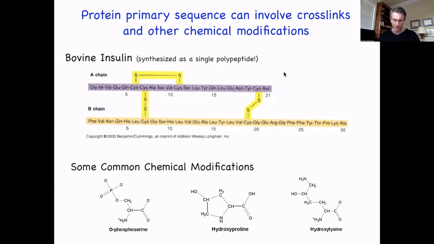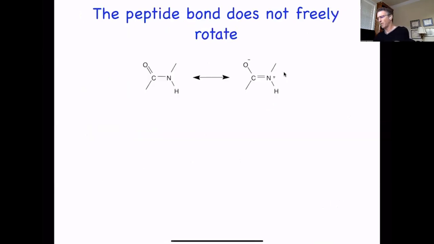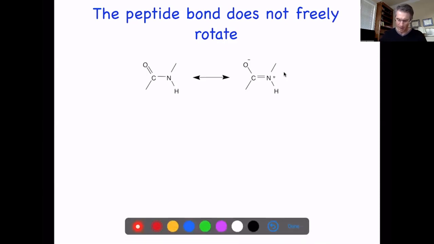Okay, so there's another fundamental part or property of the amide bond that is extremely important for thinking about protein structure. And that's the fact that if you think about your organic chemistry, right, you'll remember that the electrons in that carbonyl oxygen don't just sort of sit there, right?